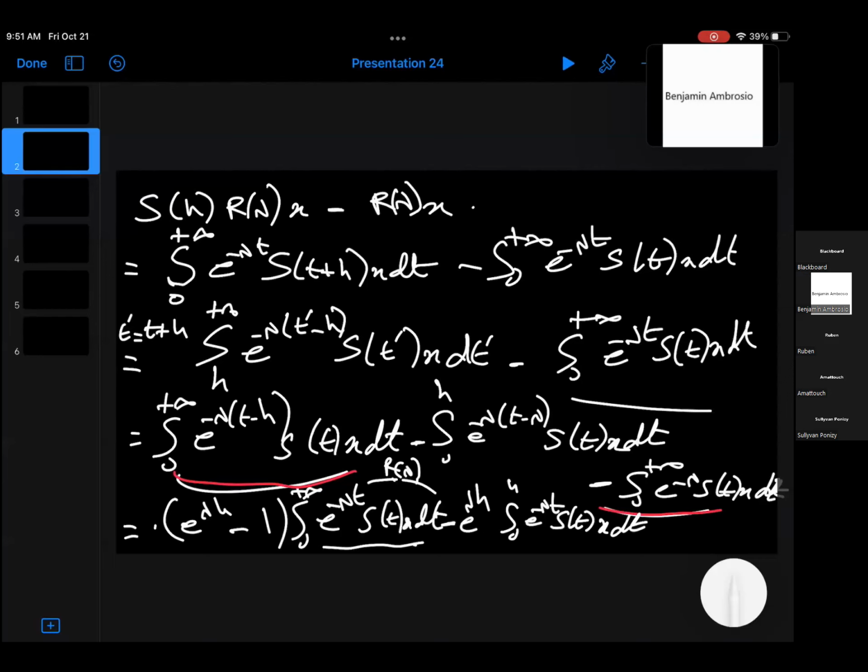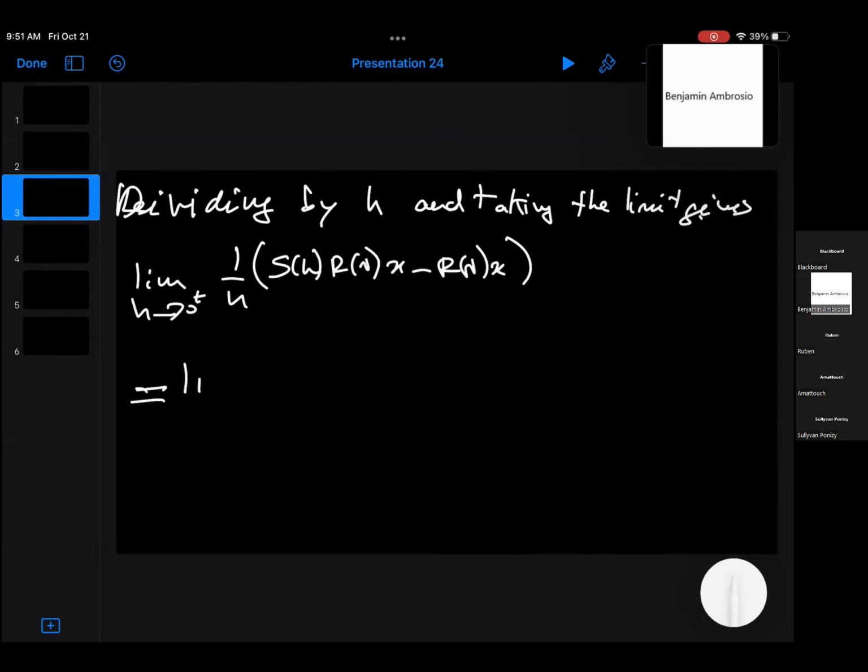So next, I'm dividing the last line by h, and I want to look at what I obtain when h goes to 0. So I get that this is the limit when h goes to 0 of exponential lambda h minus 1, divided by h.